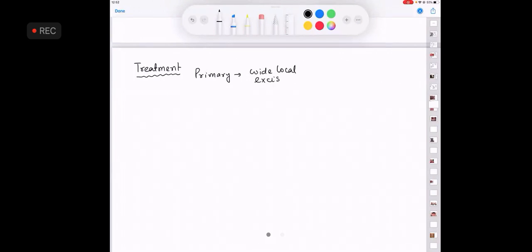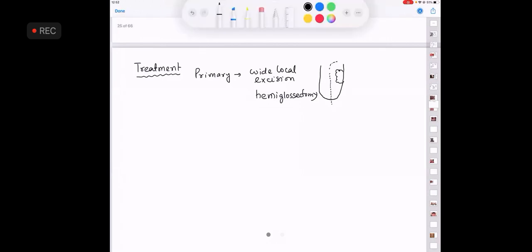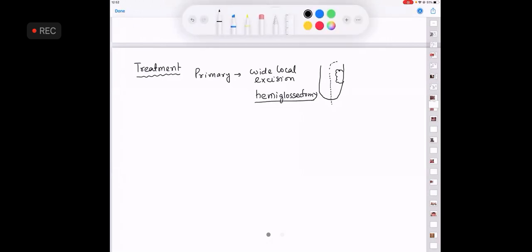Now, if you are taking the tongue, so this is the tongue and this is the cancer. If you are taking around half of the tongue, this operation is called a hemiglossectomy. I don't know whether you were taught this in ENT or not. Did they teach you this part in ENT? No, sir.